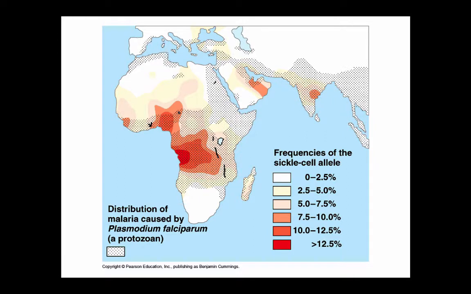This is a distribution of the frequencies of the sickle cell allele, and then the distribution of malaria caused by this protozoan. We can see that the frequency of the sickle cell allele is present to a higher degree where malaria tends to occur more often.